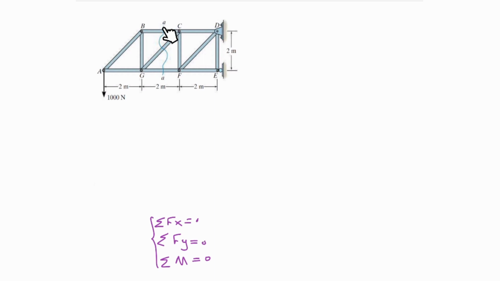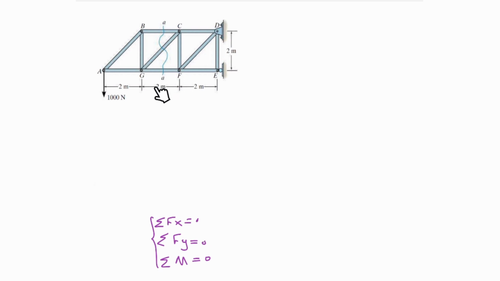The line of the cut should go through only three links, meaning that if we have four, we cannot solve that. In some problems like this, it is possible to do a cut and have only three unknowns, and by doing that we can solve the problem.